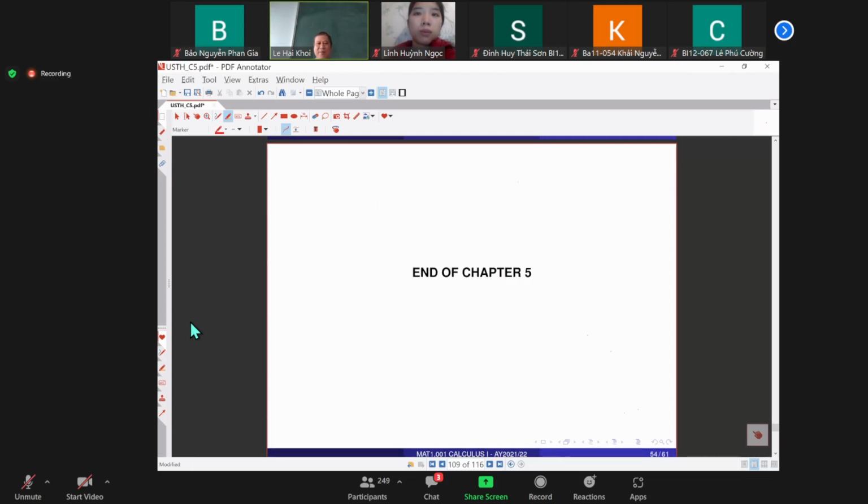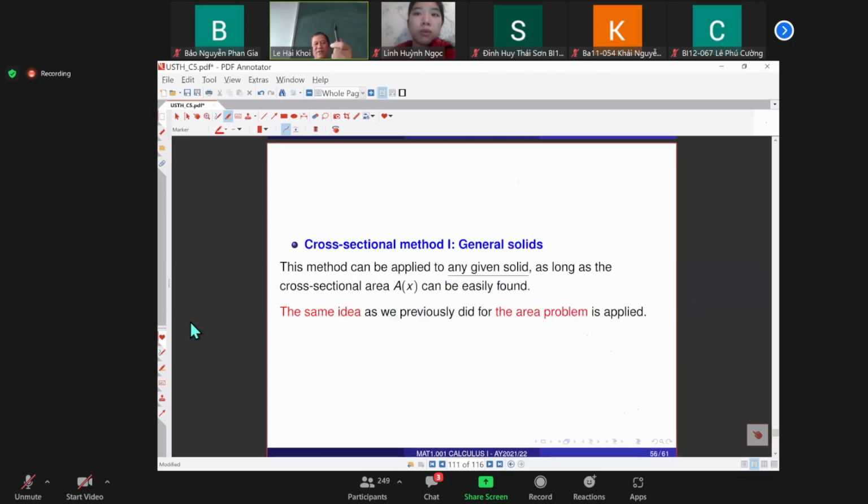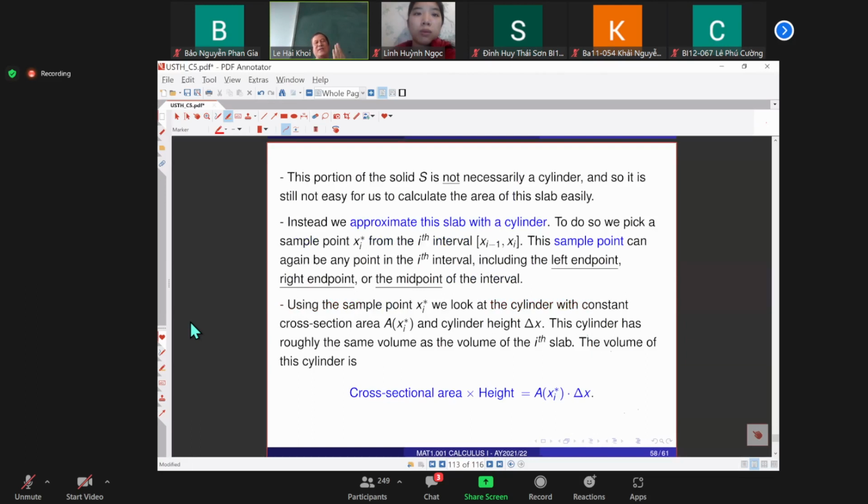And the other part, you see, I already gave the appendix, explaining what we did for each case using the same idea for finding the area of the region bounded by some curve, under some curve, by 4 steps.